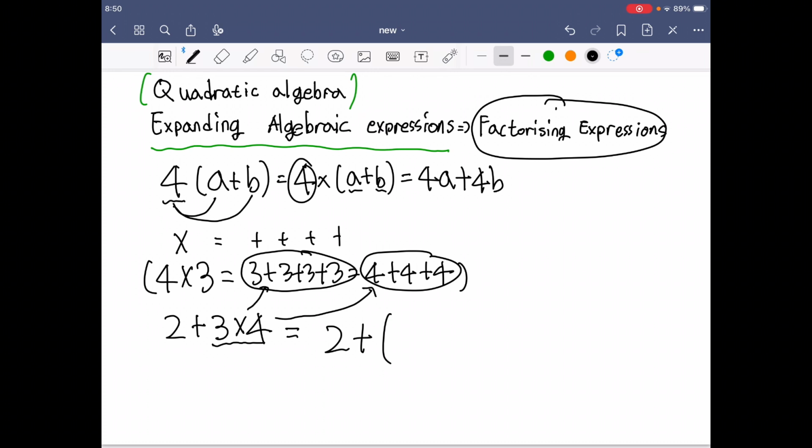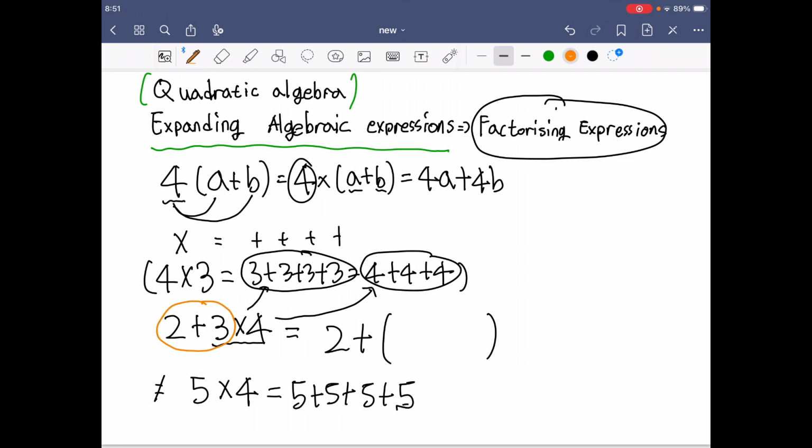But let's say you made a mistake and did the addition first, 2 plus 3 first. How does that change the expression? Then it becomes 5 times 4. Then this is basically 5 plus 5 plus 5 plus 5. Why?